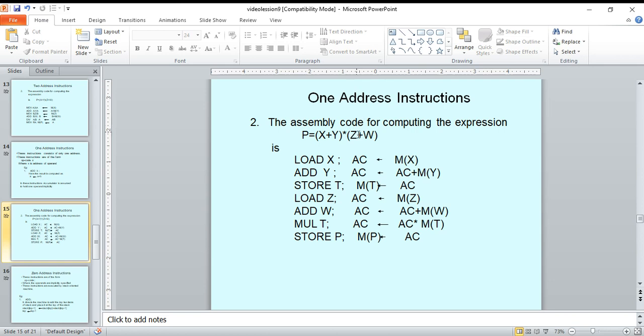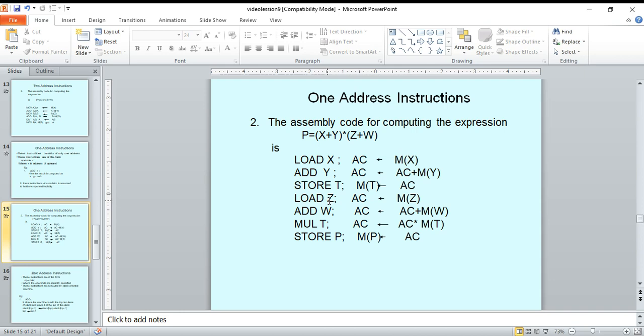Z is the first operand, so the z operand value is placed into the accumulator. For that, use the load instruction, load z. This transfers the data from memory location M of z to the accumulator register.